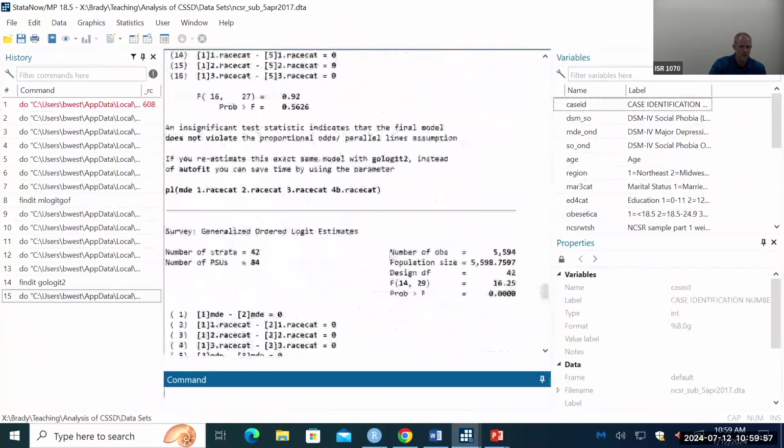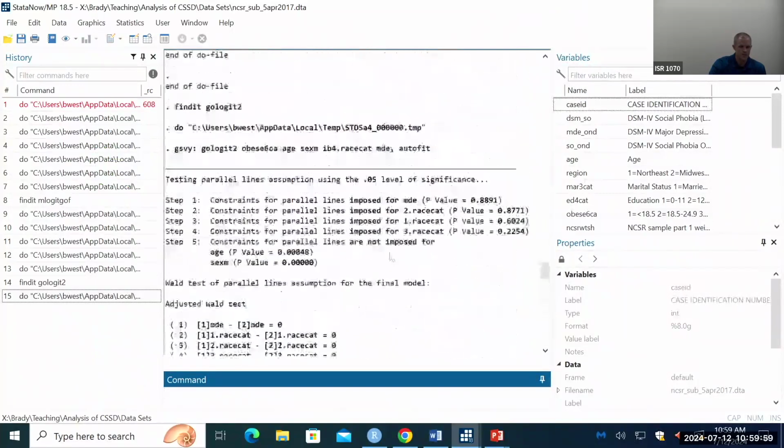But this is what I mean about this command being very verbose. Okay, it shows you exactly what's being tested. So it tests whether the MDE coefficients are equal across the logits. Sure. It failed to reject that. Test whether the race category coefficients are equal across the different cut points. Sure. Failed to reject all those. Unfortunately, we get to this step.